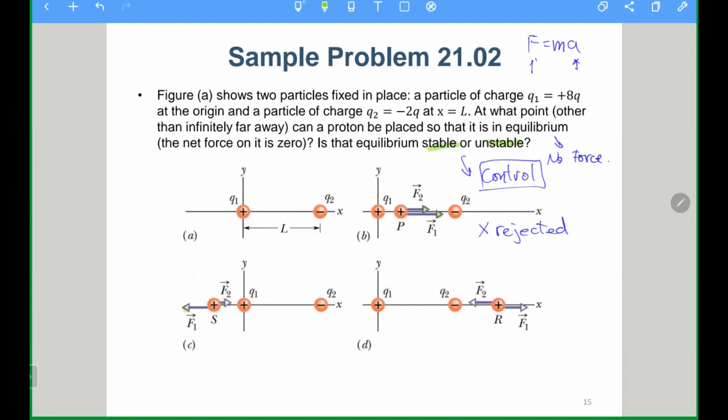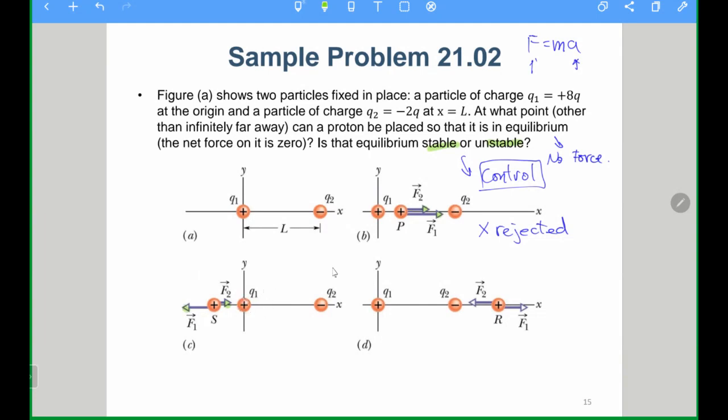For this proton and the negative charge Q2, they are of opposite polarity, so they attract each other, which means F2 points to the right side. So it might be okay, but when we consider it in a deeper way, we can also reject this case.